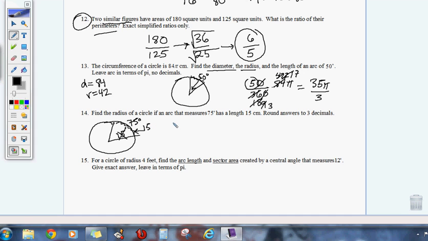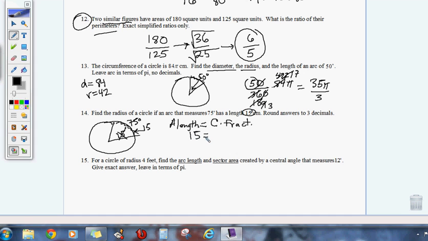All right. Well, to find arc length, what I always do is take the fractional part times the circumference, or the circumference times the fractional part. We know the arc length is 15, so I'm going to put 15 on this side this time.